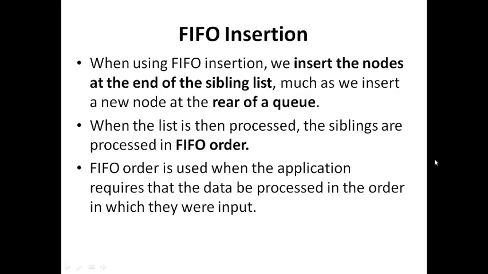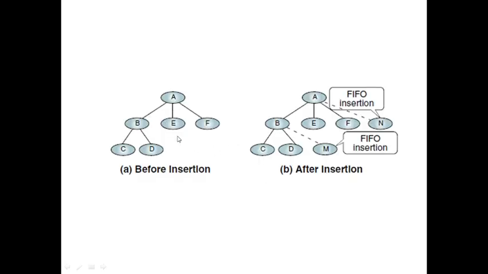In the same way, in the case of FIFO insertion in a general tree, the new node is inserted as the last node under the parent node. For example, the original tree is given here.